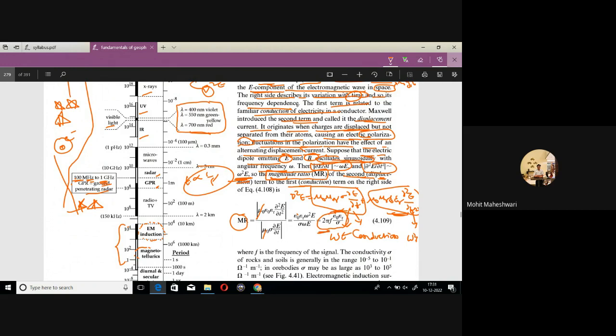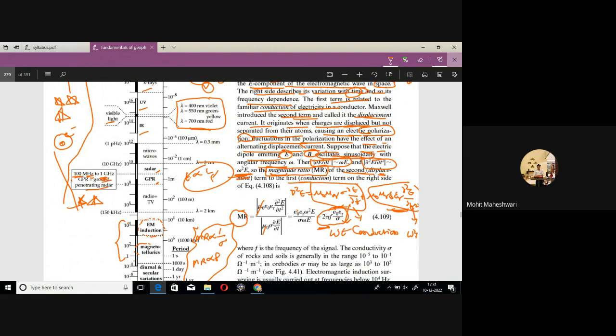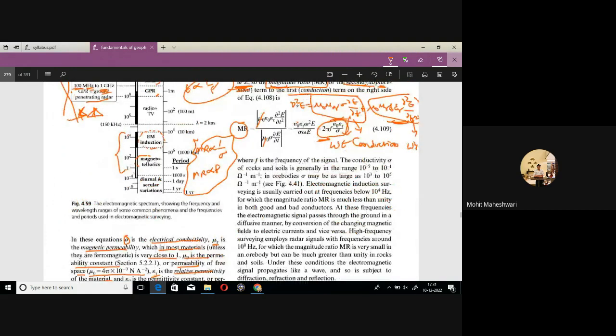So the magnitude ratio is inversely proportional to the conductivity, and proportional to the frequency. These two points are very, very important and you must remember them, where f is the frequency of the signal.